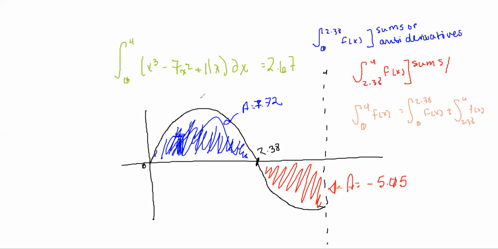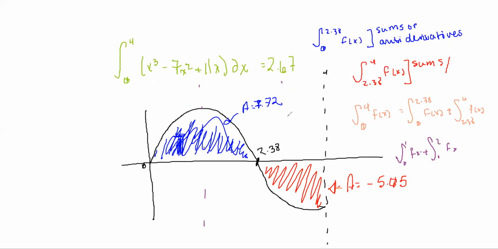You can break it up into whatever chunk you want. If you want chunks of, say, 1, you can do from 0 to 1, plus from 1 to 2. That's a property of the integral, that you can divide it out.